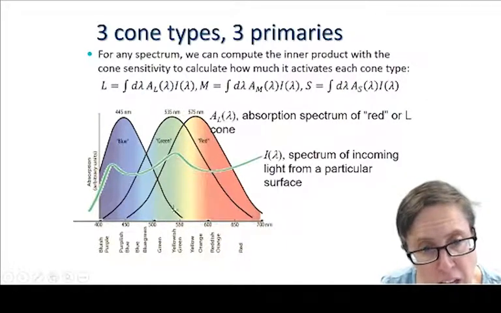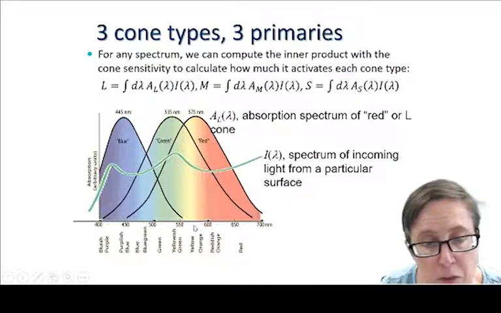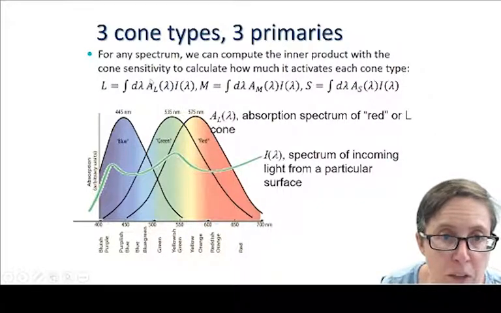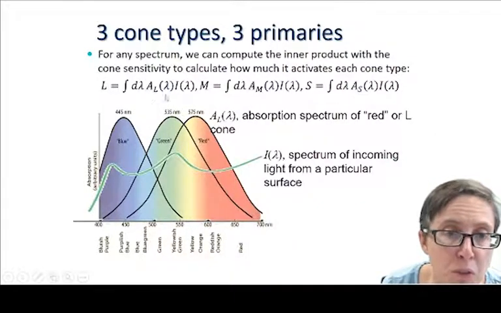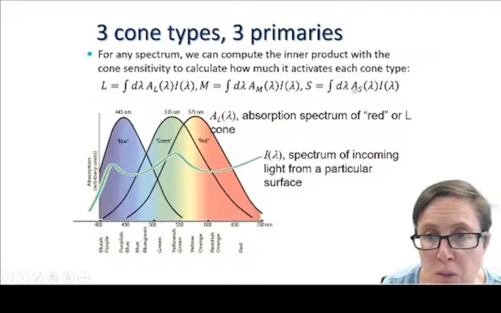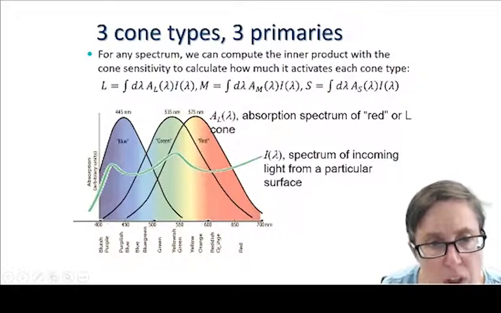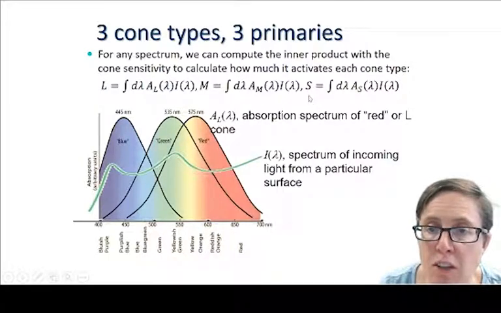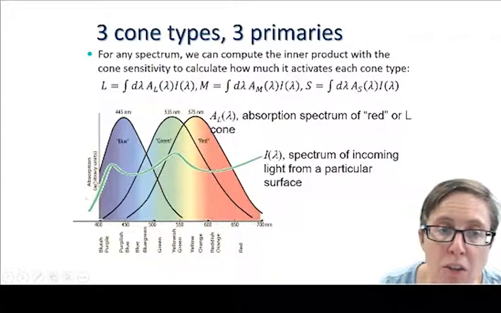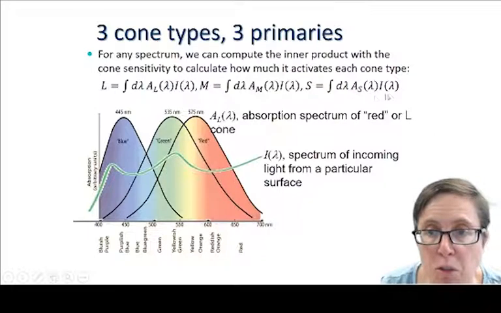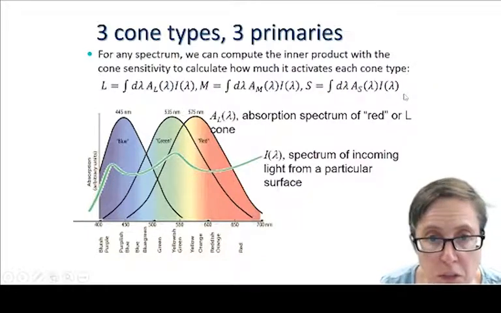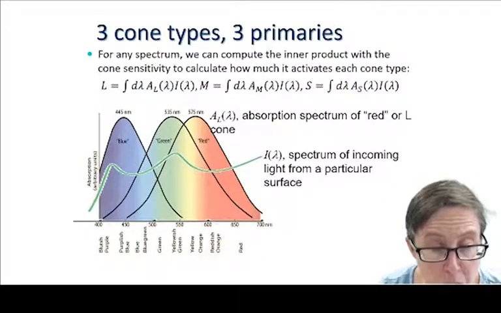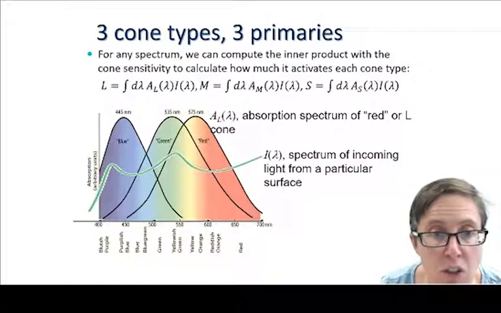Obviously for the S cone you wouldn't have to go much beyond 550, because then you would find that the absorption for the S cone would be 0 anyway. So you do that, and then each cone type is just giving you a single number. So this entire complicated spectrum has been boiled down to just 3 numbers representing the activity of each cone type.